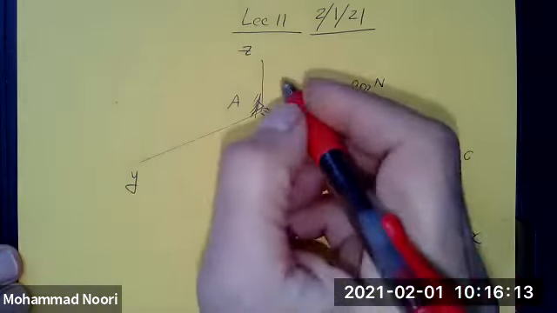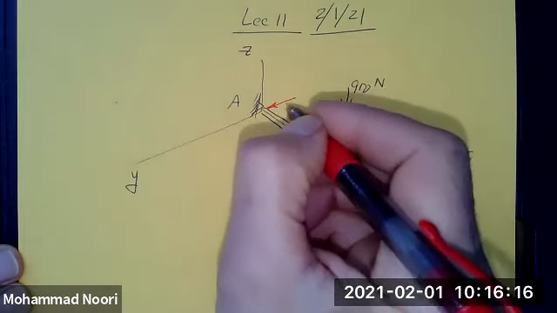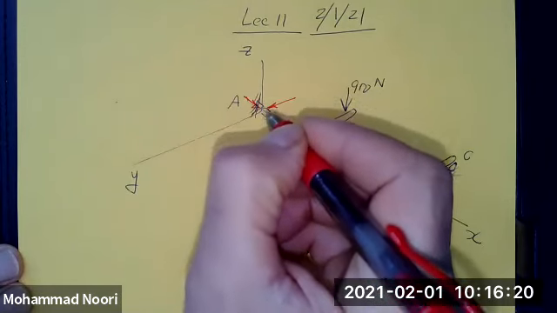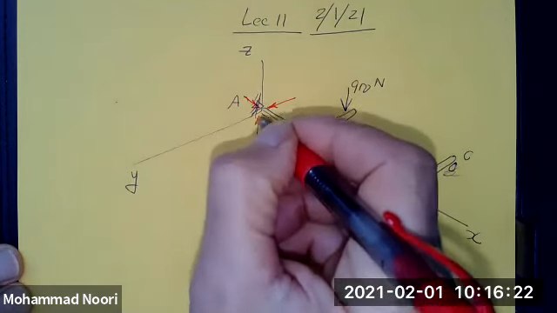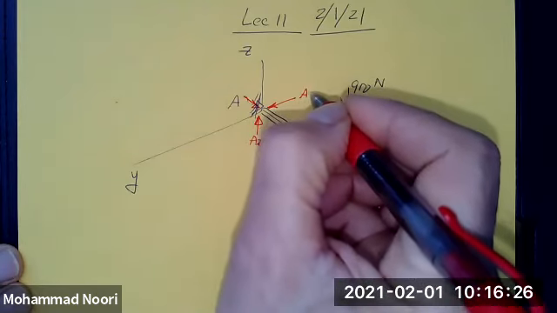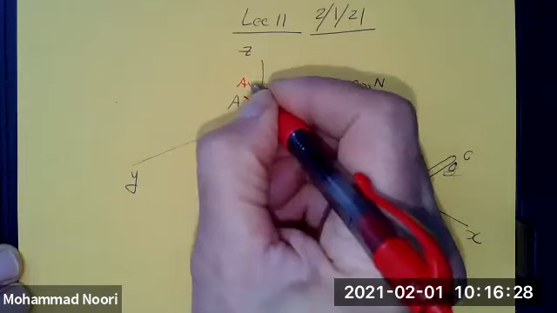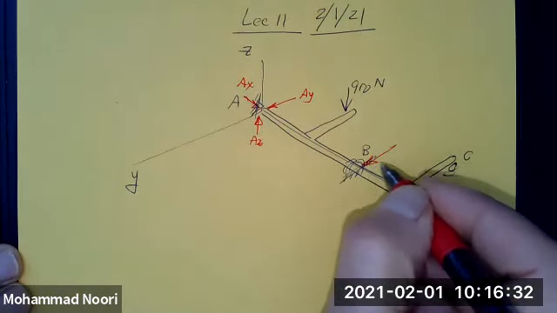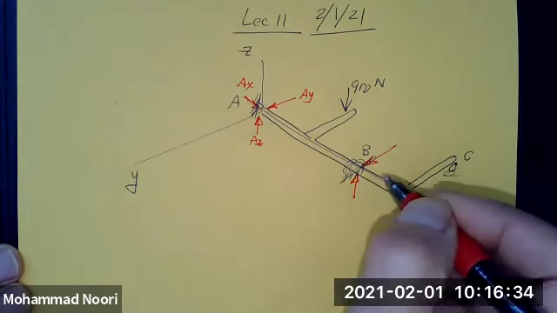So the free body diagram, we said, okay, here is a hinge that allows rotation. It does not allow motion in these directions. These were the two unknowns.